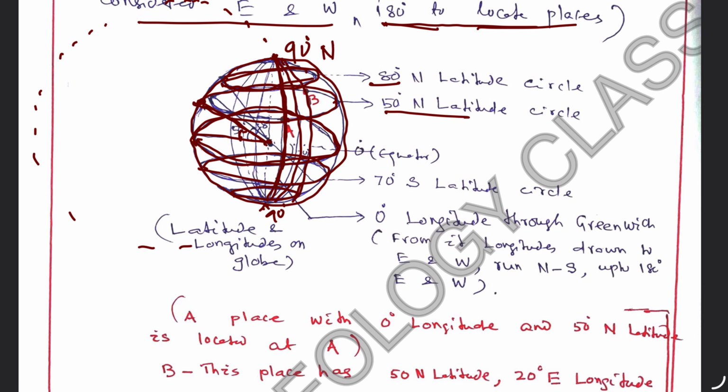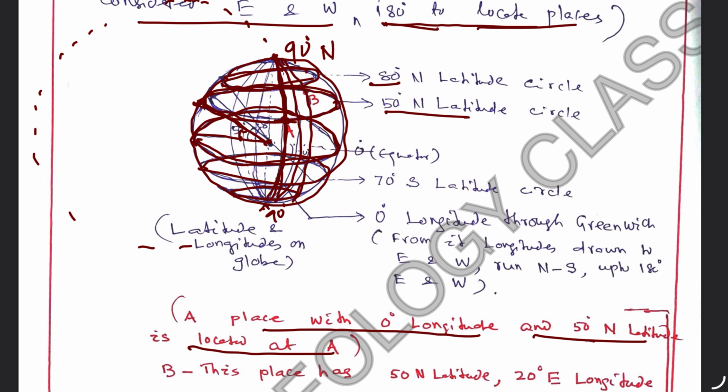So, if we take into account a place with 0 longitude and 50 degree north latitude, it will be located at this place A, because this line is the 50 degree north latitude, and this line is the 0 longitude.